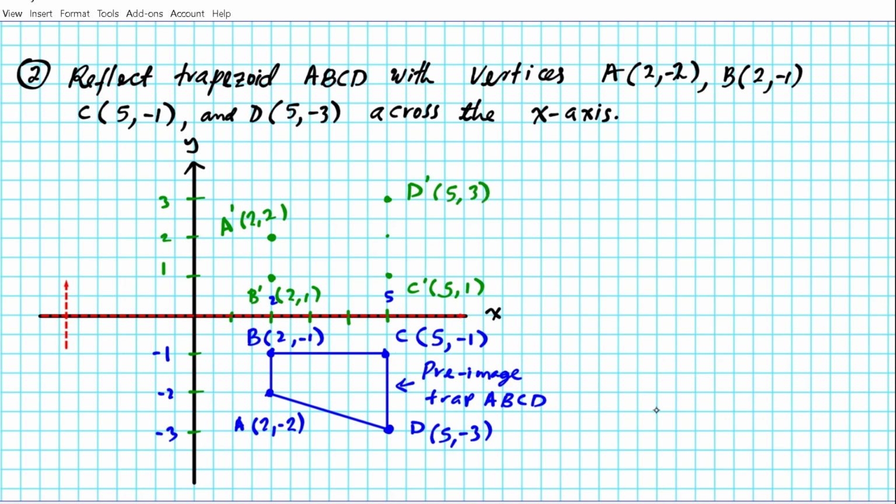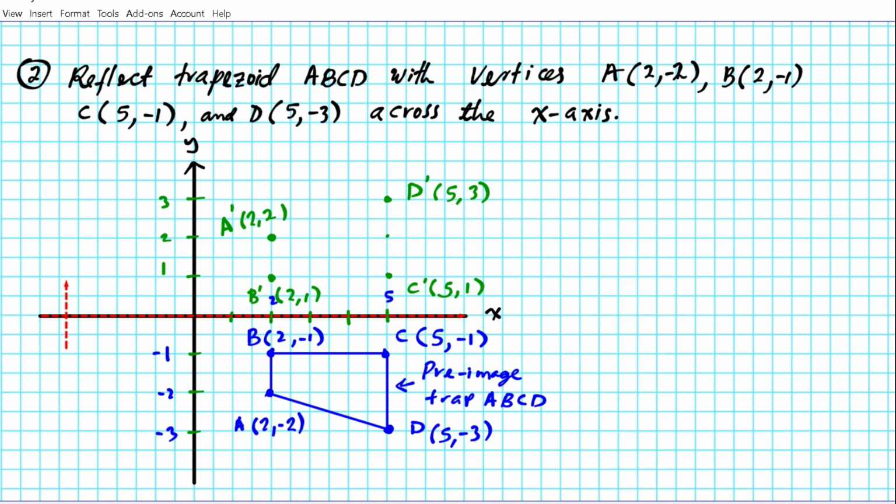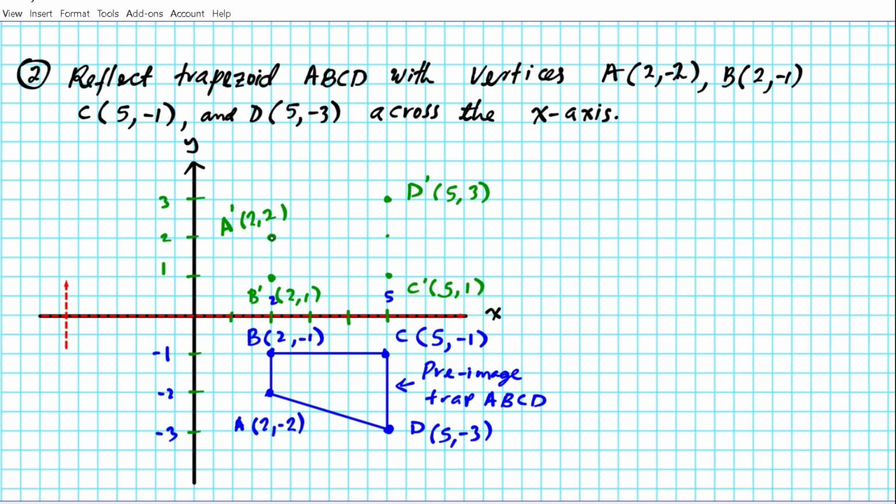Okay? And then let's connect our dots to create the image of trapezoid ABCD on the reflection about the x-axis. So that's side A prime D prime, side D prime C prime, side C prime B prime, and then side A prime B prime right there.